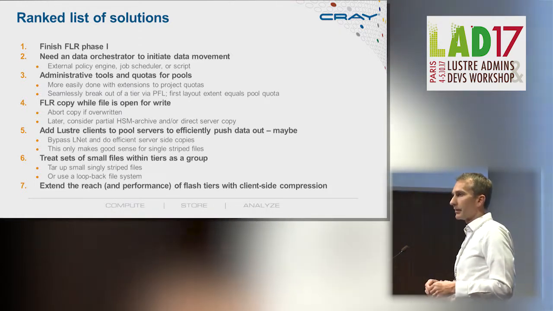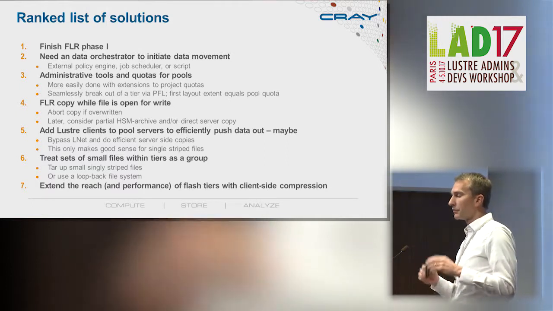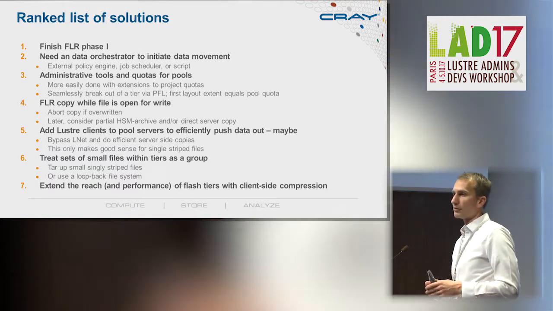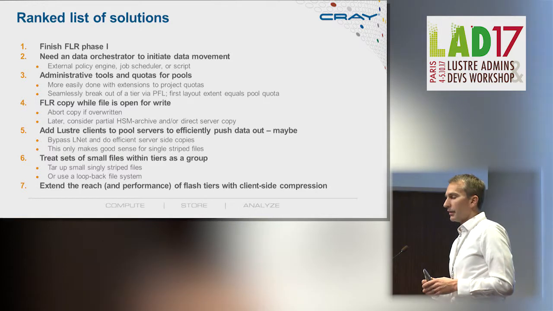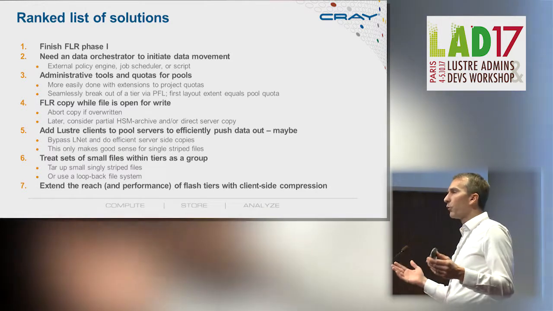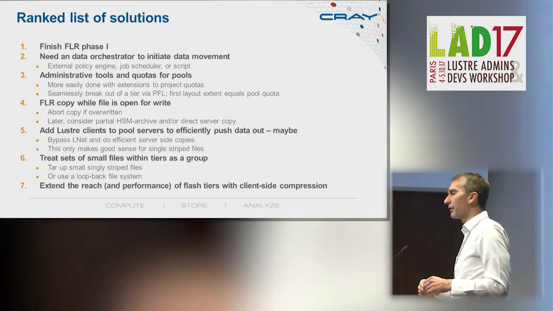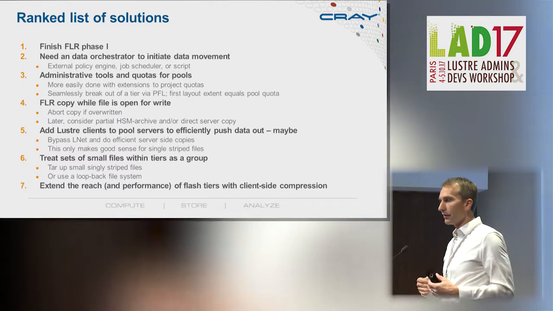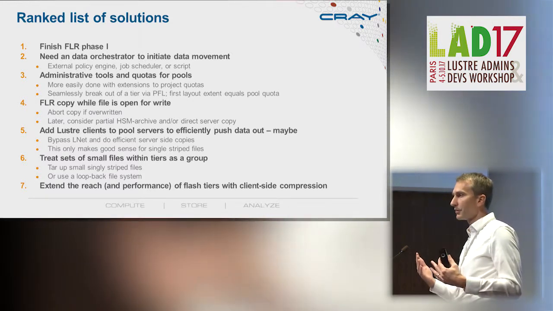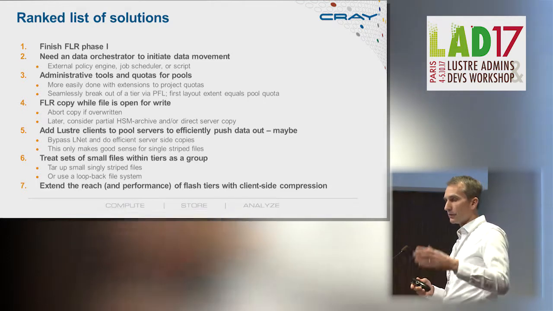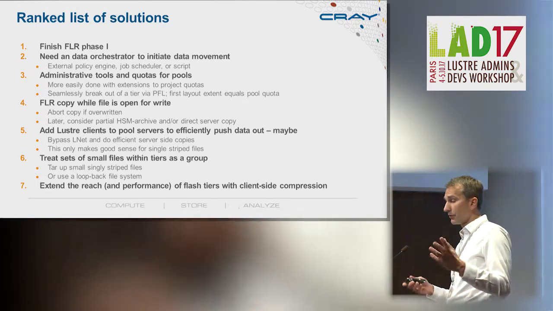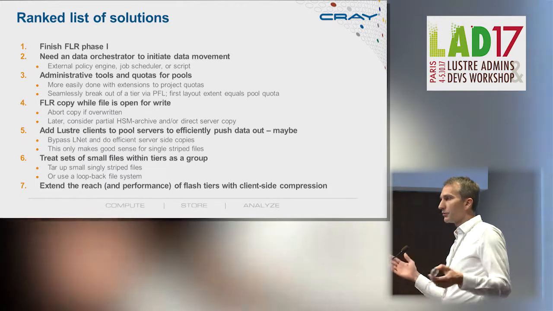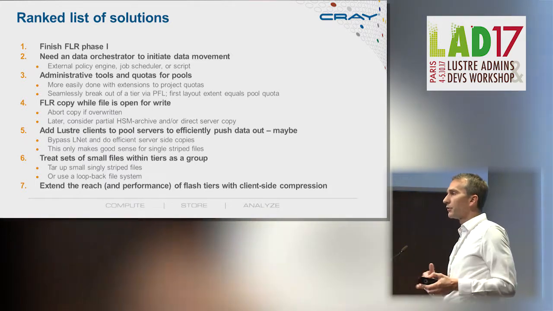And then getting back to file level replication, we absolutely need to be able to do this while the file is open for write. And so as a poor man's implementation, to start with, I think a good place to start would be, and I talked to Nathan about this yesterday, this is a great idea from Nathan Rutman. You start a copy, and you don't get an exclusive.